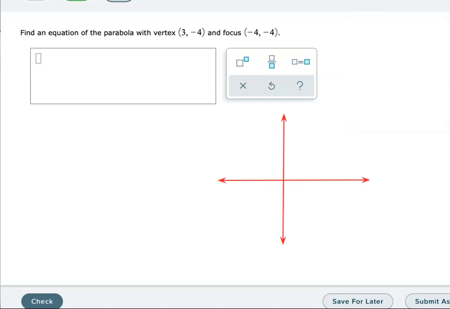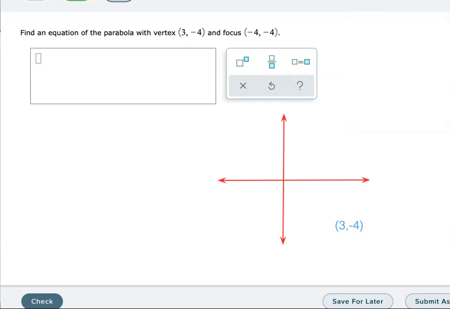I'm going to annotate with the Zoom tool. So I've got the axes here, and then I'm going to plot the point. So I have (3, -4). I'm going to go over 1, 2, 3, and down 4. And the focus is (-4, -4): over 1, 2, 3, 4, and down 4.